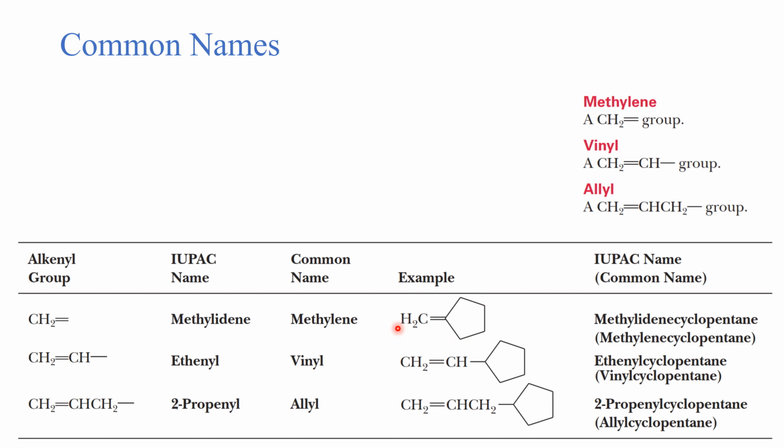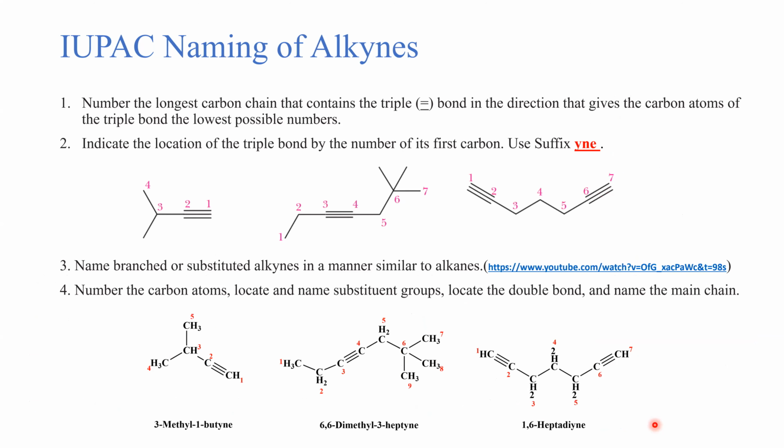So these are some of the common substitutions which we treat as substituents. We can write ethenyl cyclopentane, 2-propenyl cyclopentane and methylidene cyclopentane, and their common names, as I told you, are methylene cyclopentane, vinyl cyclopentane, and allyl cyclopentane.